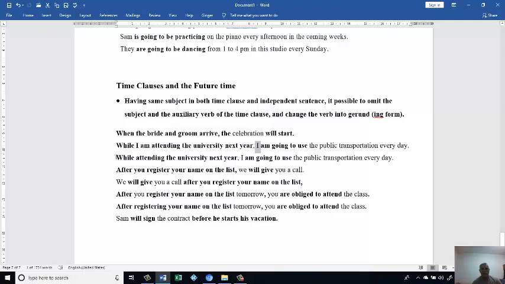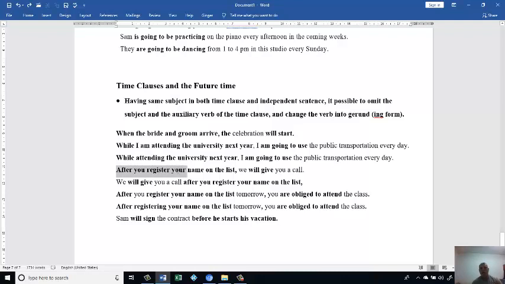We say while, we're going to delete those two, then we say attending. That's how it happens. Then we say, while attending the university next year, I'm going to use the public transportation every day.